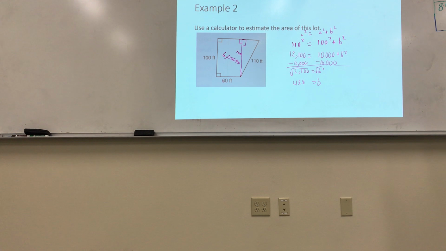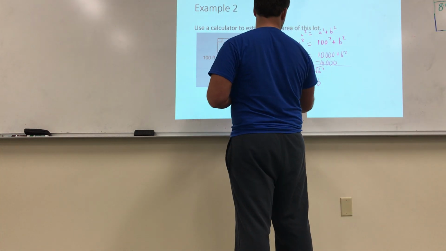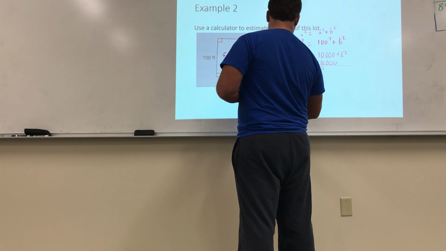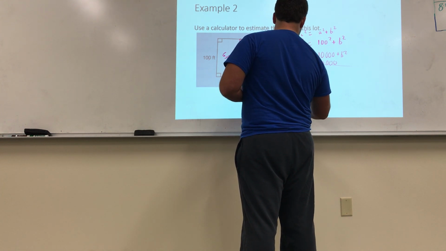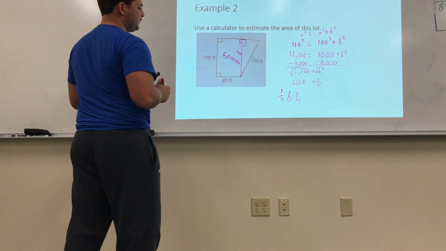Okay. Now, are we done? No. We'd have to take this now times our height, so this would be the base. So 1/2 base times height. Problem's starting to take a little bit of time.